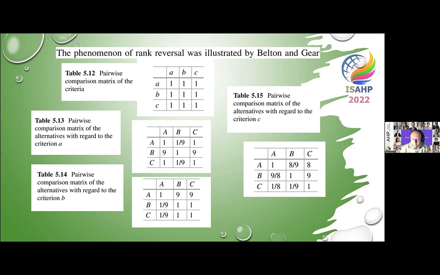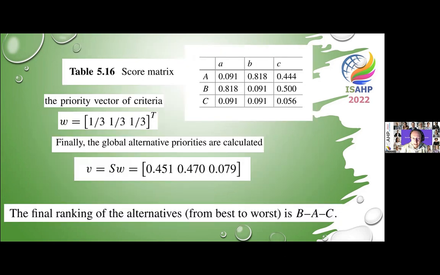Based on some comparisons, they came to the conclusion that the final priority vector in such an example was 0.451, 0.470 and 0.099, which gave the final ranking of the alternatives from best to worst as BAC.